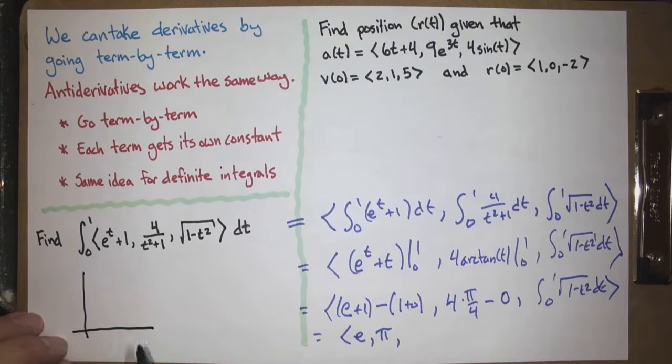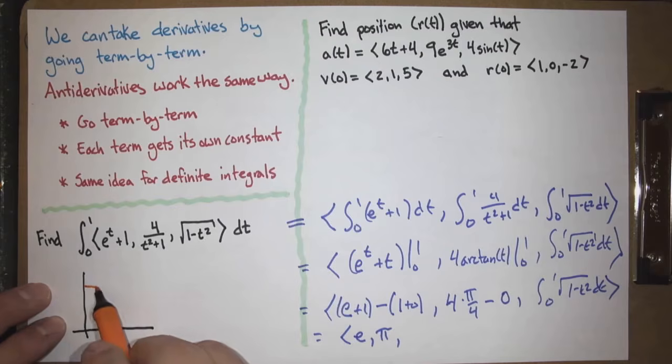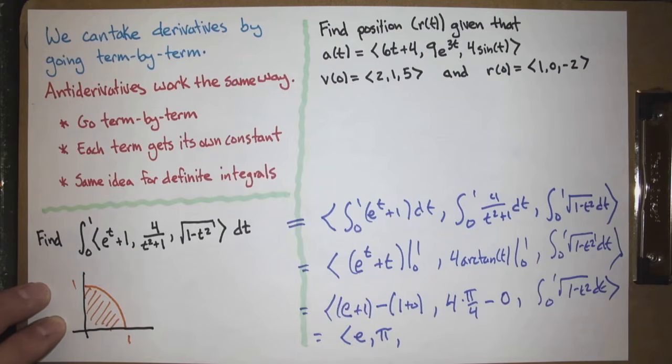It's a trick we kept pulling on you over and over in Calc 1. Do you recognize the square root of 1 minus t squared? It's part of a circle. It's 1/4 of a circle.